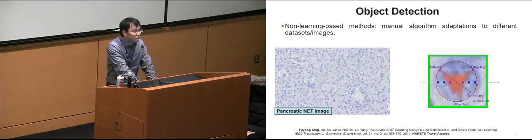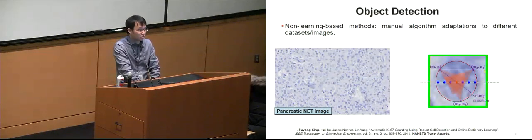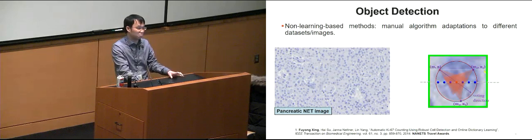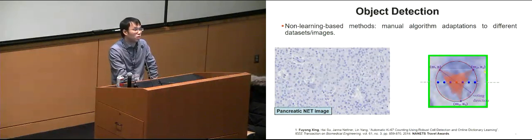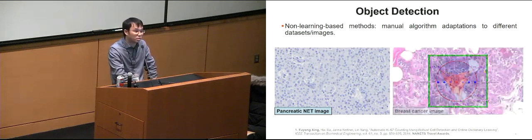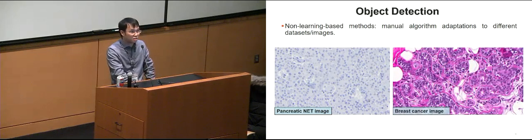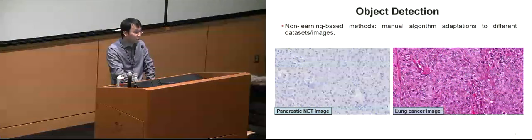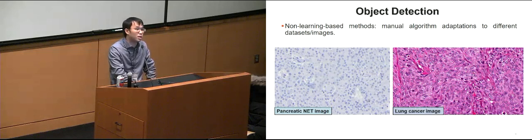Actually, this is one limitation for the non-linear based method you use for the object detection, because for other data sets, where the image is very different from the one you design, probably you need to manually update the algorithm or tune the parameters to different kinds of data sets. For example, this image data, the breast cancer or the lung cancer as well, has very different image appearance from the prior image data.